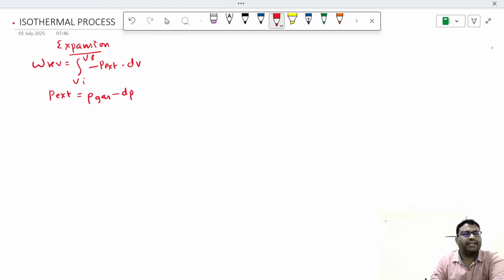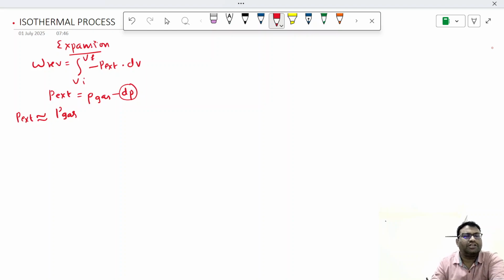Pressure exerted by the gas is greater than the external pressure by an infinitesimal amount. Infinite means very small. That means the pressure of the gas and the external pressure are almost equal.